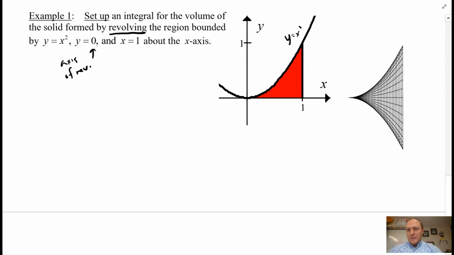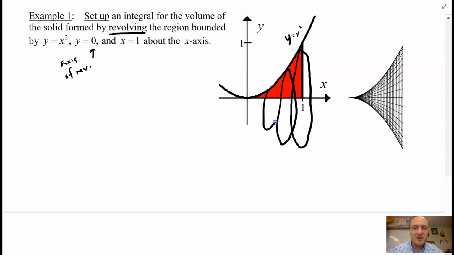What you can imagine is you can take this slice and rotate it around this line, and you get a three-dimensional object that looks a lot like this. So we're calculating that volume.